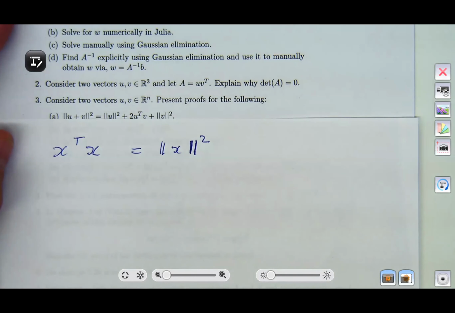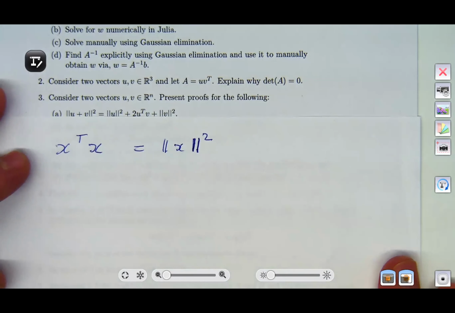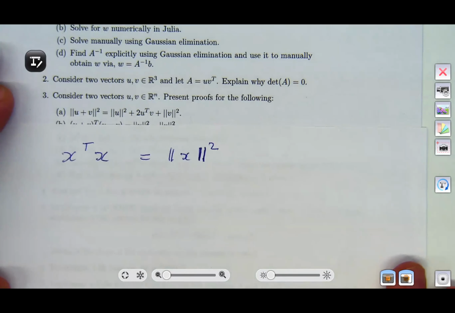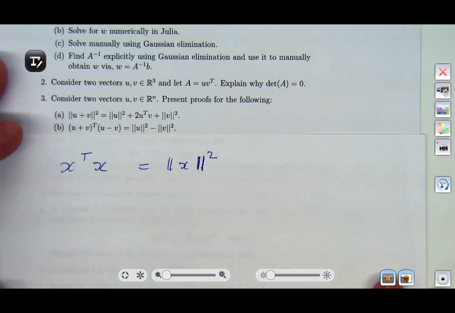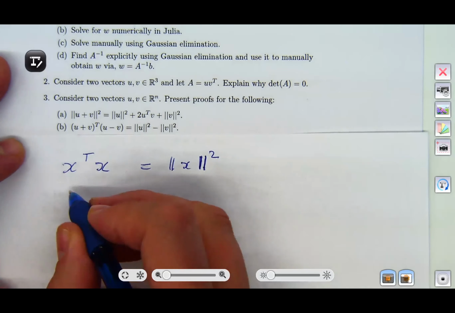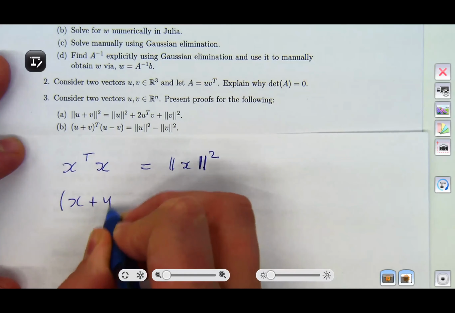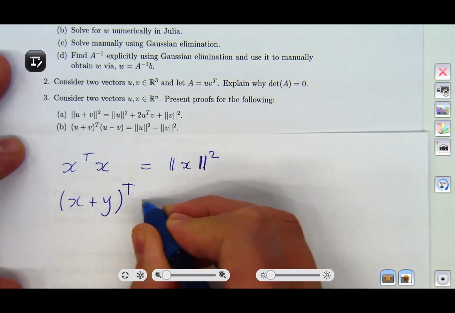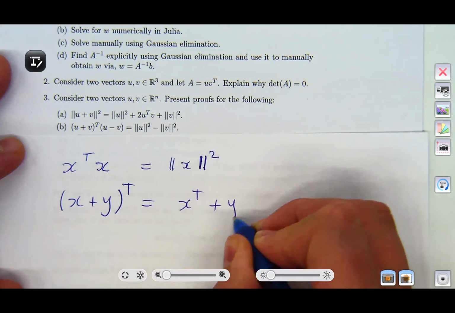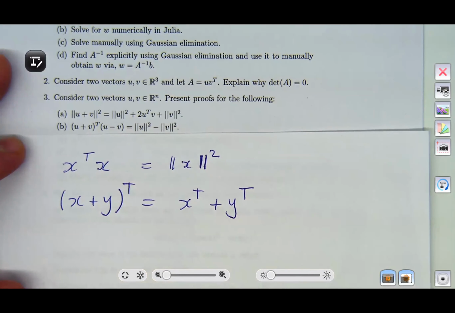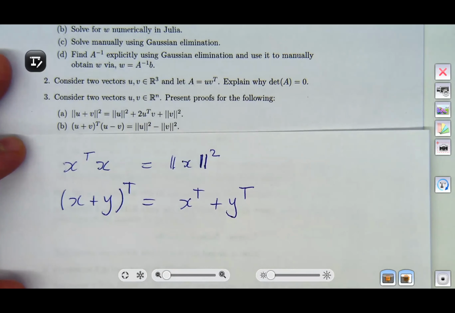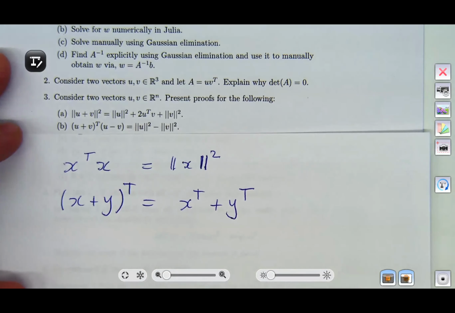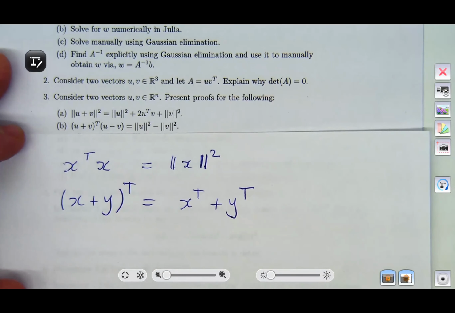Okay, now let's consider another identity which would be useful for you in these problems. And that might come up in the next one. So for example, X plus Y transpose is equal to X transpose plus Y transpose. And if you think about it, that's pretty clear why that should be the case, right?